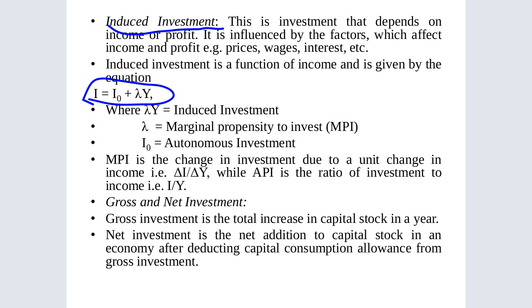I note is the autonomous investment and lambda Y is the induced investment. Lambda represents the marginal propensity to invest, which is simply the change in investment due to a unit change in income.